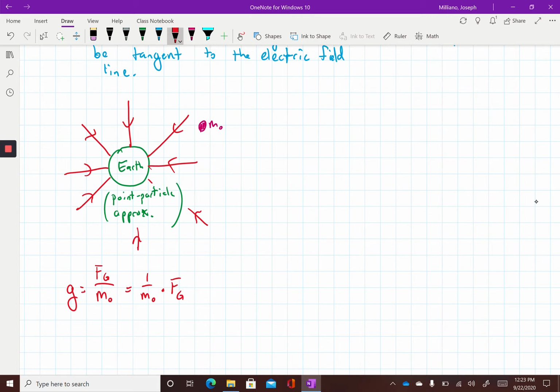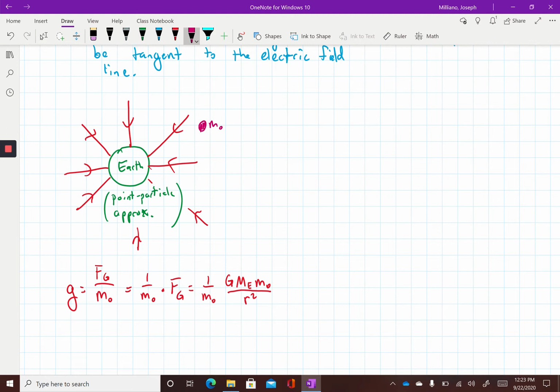When we're approximating the Earth as a point particle with its mass concentrated at the center of mass, the equation we need for the gravitational force is Newton's gravitation constant times the mass of the Earth times the mass of our test object, over the distance between the center of the Earth and the test mass, squared.